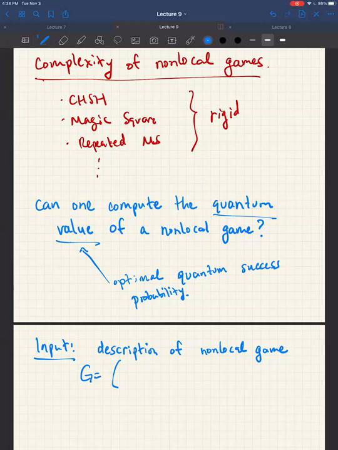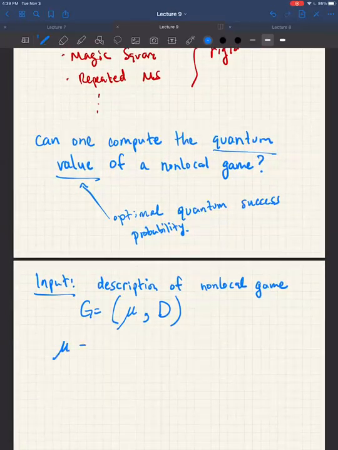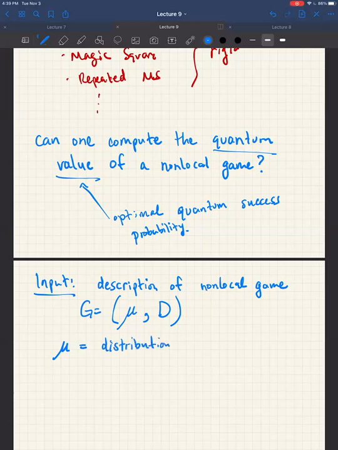It has a question distribution mu and some decision predicate D. So mu is just going to be a distribution over questions X and Y that you can send to Alice and Bob. Are we assuming two-player games? Two-player games, yeah. You can think about games with more players, but just to keep things simple, we'll keep it to 2.